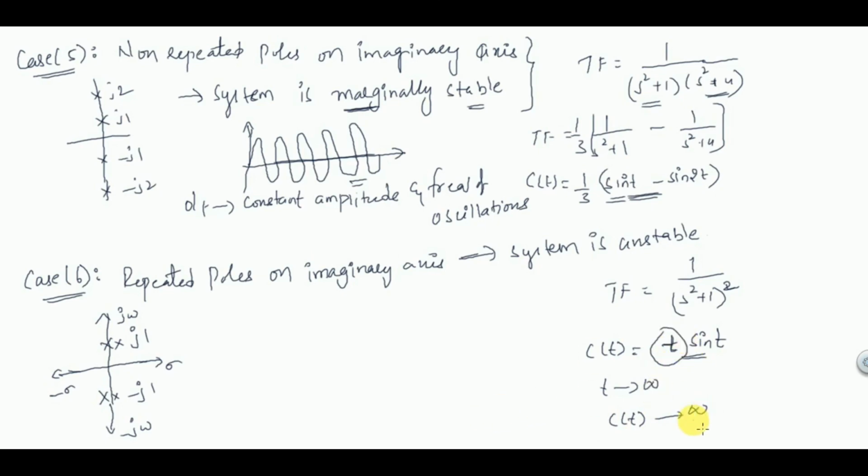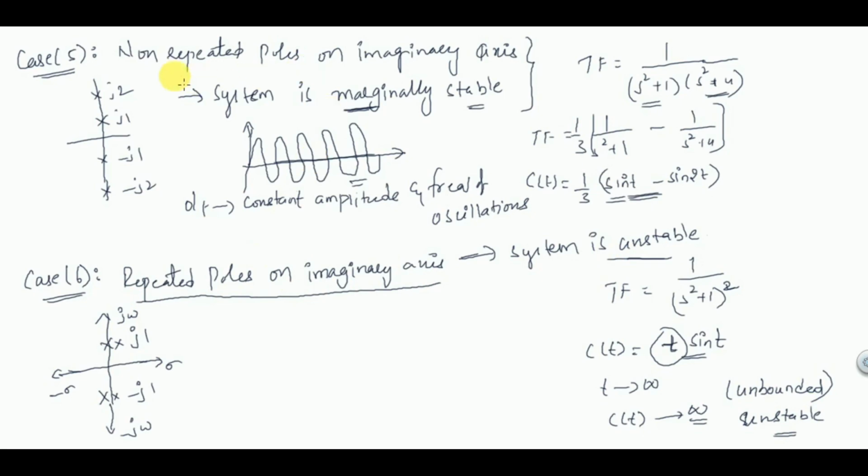Infinity into anything is also infinity, so it is an unbounded output. The system is said to be unstable. That is why the system is unstable when repeated poles on the imaginary axis exist.